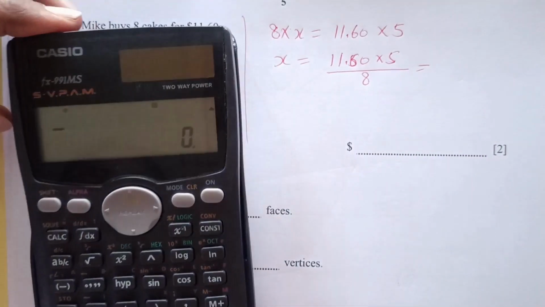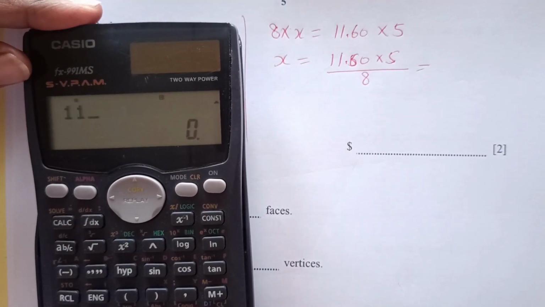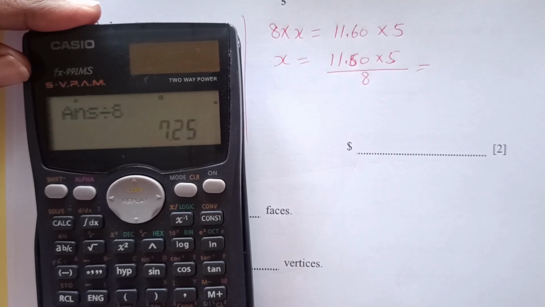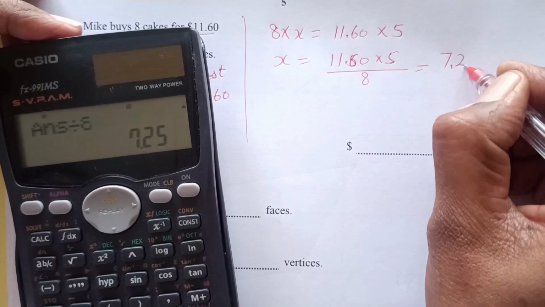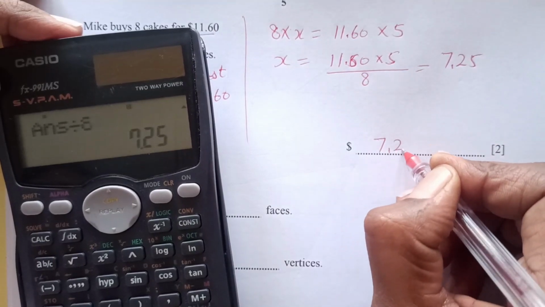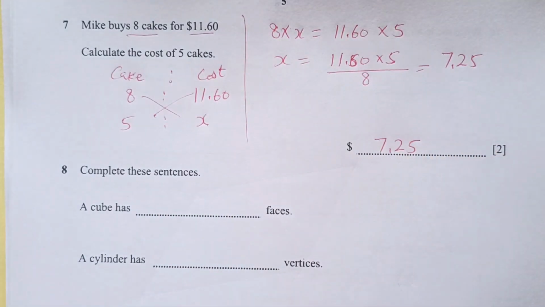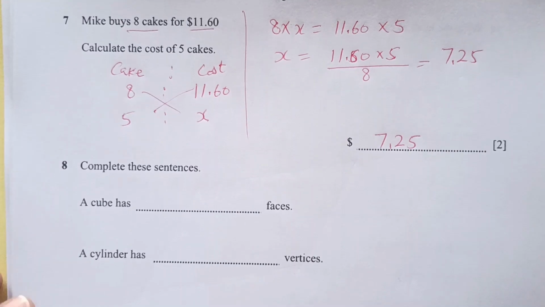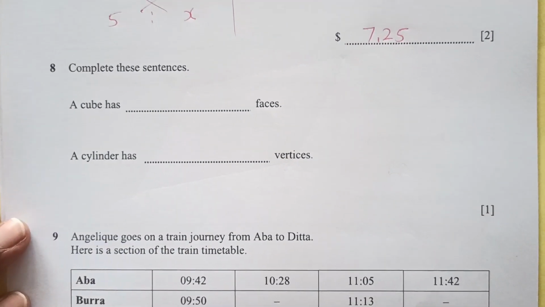Let me do the calculation again. 11.60 times 5 is 58, divided by 8. Yeah, 7.25. No, it's correct. So $7.25.